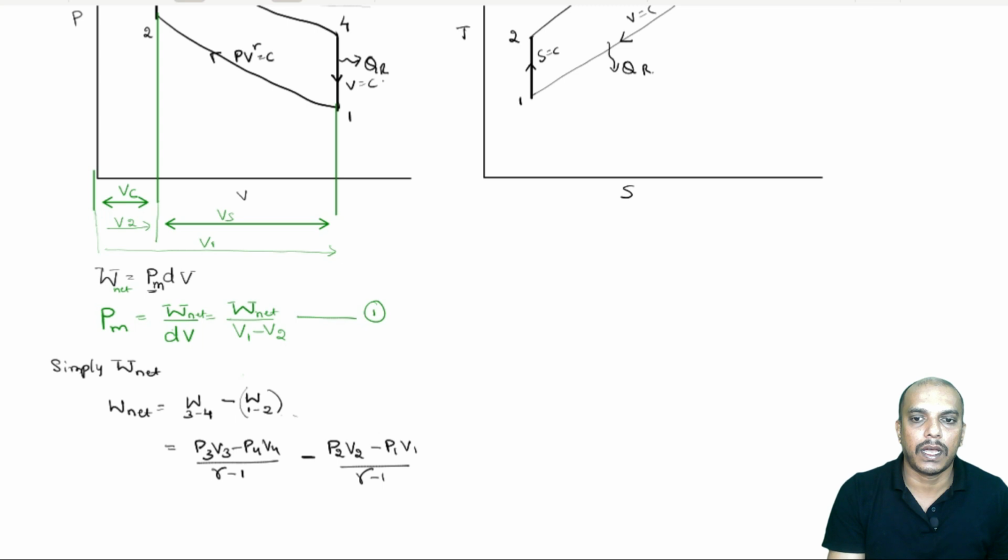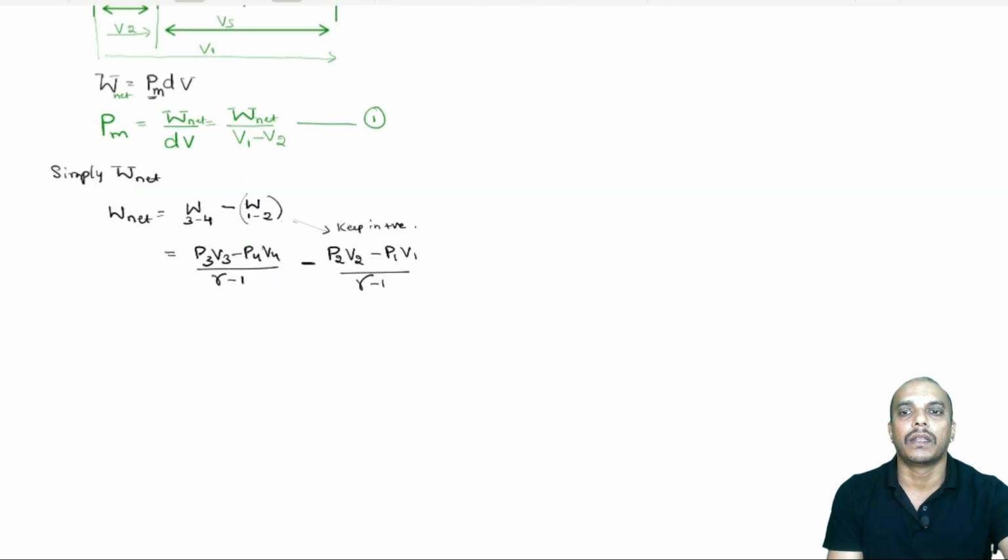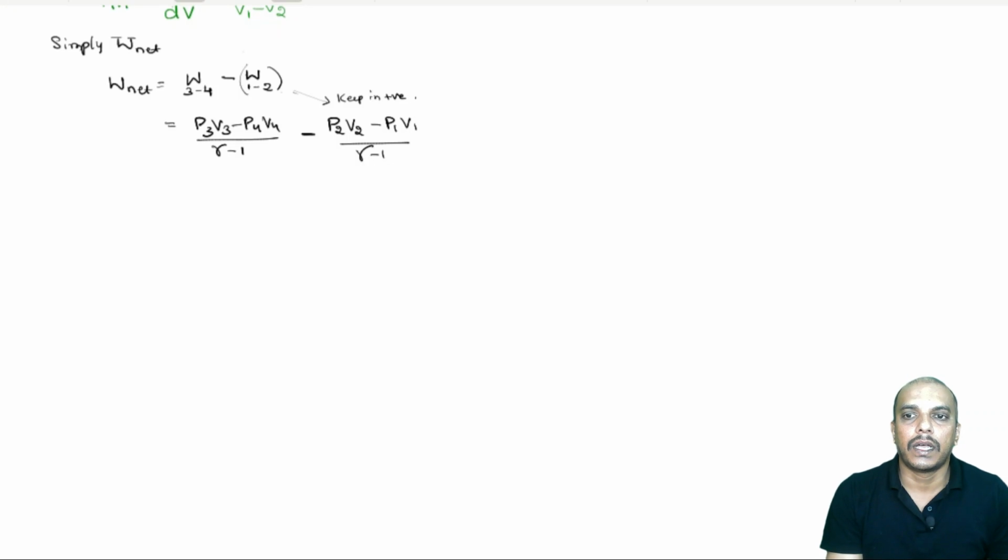I am keeping this positive, very important, because I have already used a negative sign. Now, I can take 1 by gamma minus 1 common. So, I will have P3V3 minus P4V4 minus P2V2 minus P1V1.